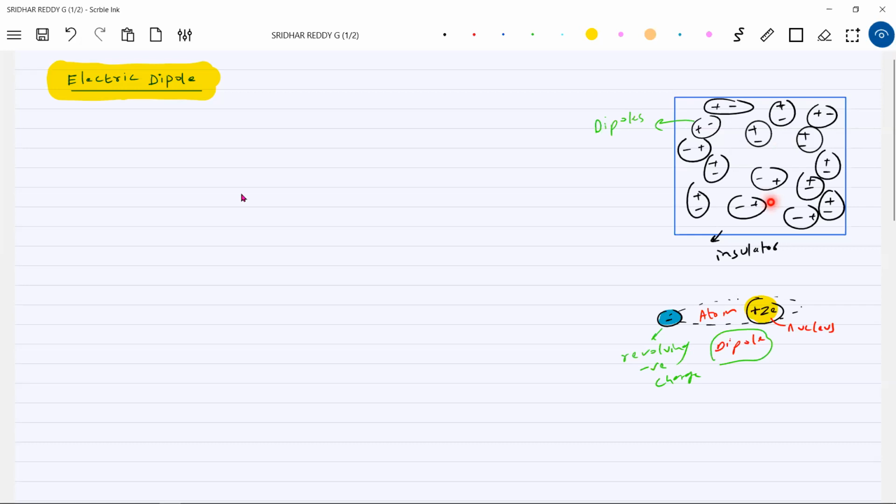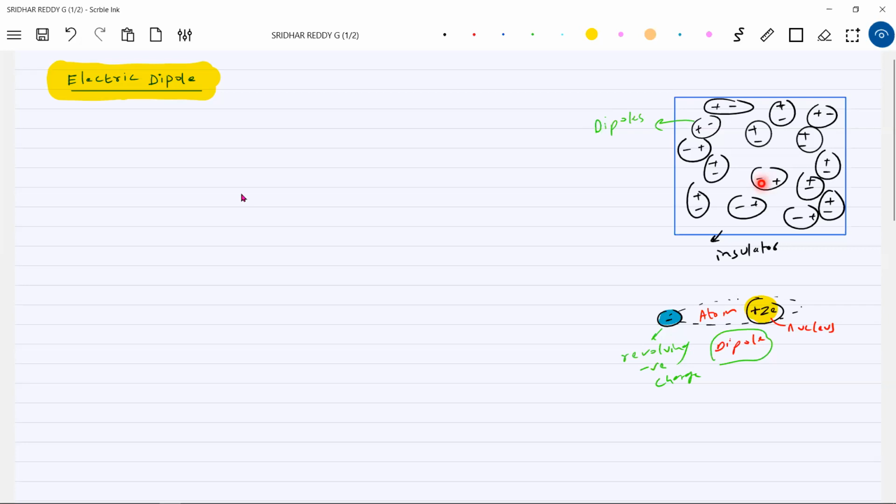To study this material, shall I assume that this insulator is made up of dipoles? If I can study the behavior of a dipole, I am able to study the behavior of this material. Moreover, I am interested in how this material behaves when it is immersed in an electric field. What will happen to its properties in the presence of an electric field? To study this, I assume the material is made up of dipoles.